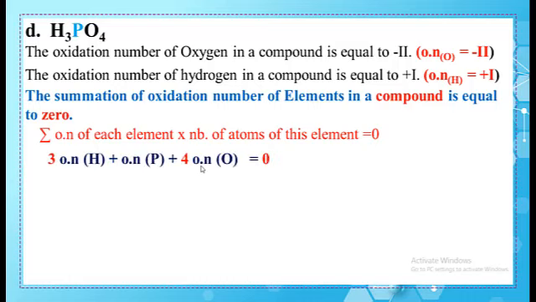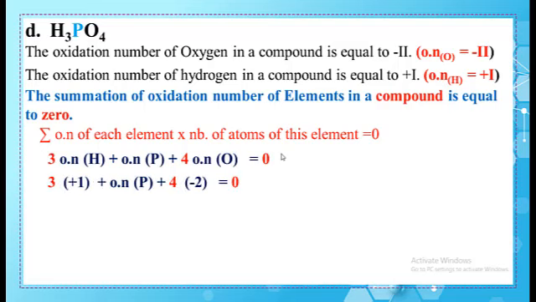Now you can substitute the oxidation number of hydrogen times 3, which is the number of hydrogen atoms, plus the oxidation number of phosphorus times 1, because we have only one phosphorus atom, plus the oxidation number of oxygen times 4, which is the number of oxygen atoms in the compound, all equal to 0.